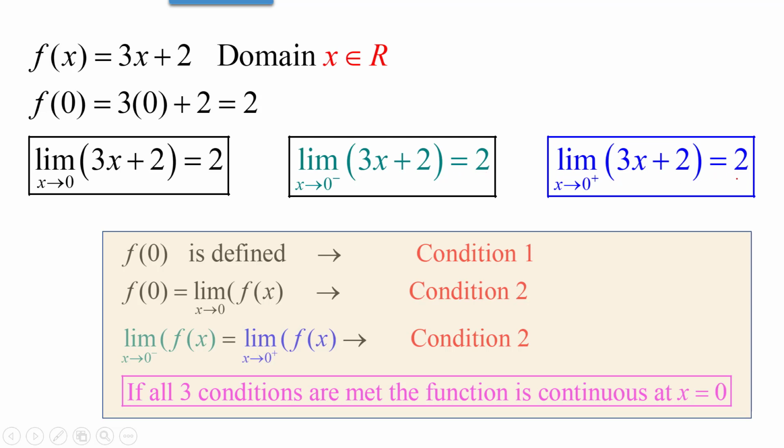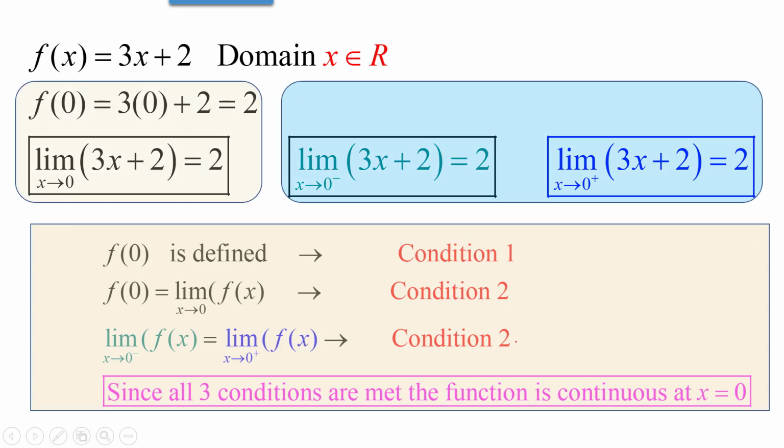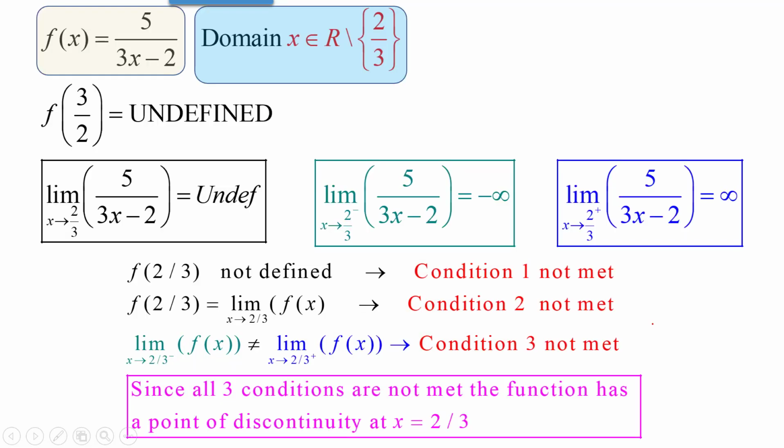So what we observe over here is it's met all three conditions. That should say condition 3 there, sorry. I'll correct that later on. So if all three conditions are met, the function is continuous at x equals 0. Since all three conditions are met, that should be condition 3, the last one.